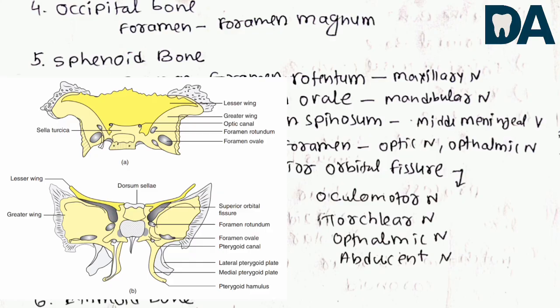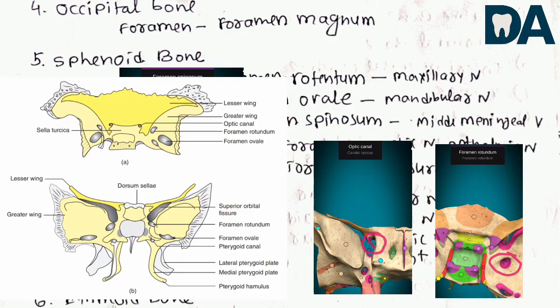The body contains the sphenoidal sinus within and a superior saddle-like depression, the sella turcica, that houses the pituitary gland. A pair of pterygoid processes extend inferiorly from the sphenoid bone and contribute to the lateral walls of the nasal cavity.